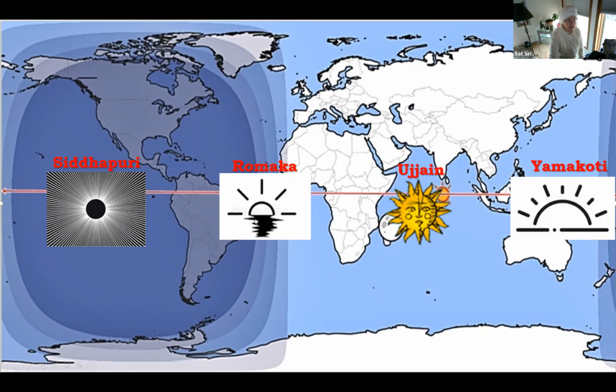And we have sunset, which comes about just west of the Horn of Africa, and that's called Bhumaka. And finally, we have the deep midnight for the sun, and that falls over in the Western Hemisphere, the benighted West. So that place is called Siddhapuri. All these places are considered real places by Surya Siddhanta, so we can set our charts there. And that's what I'm using for these example charts.